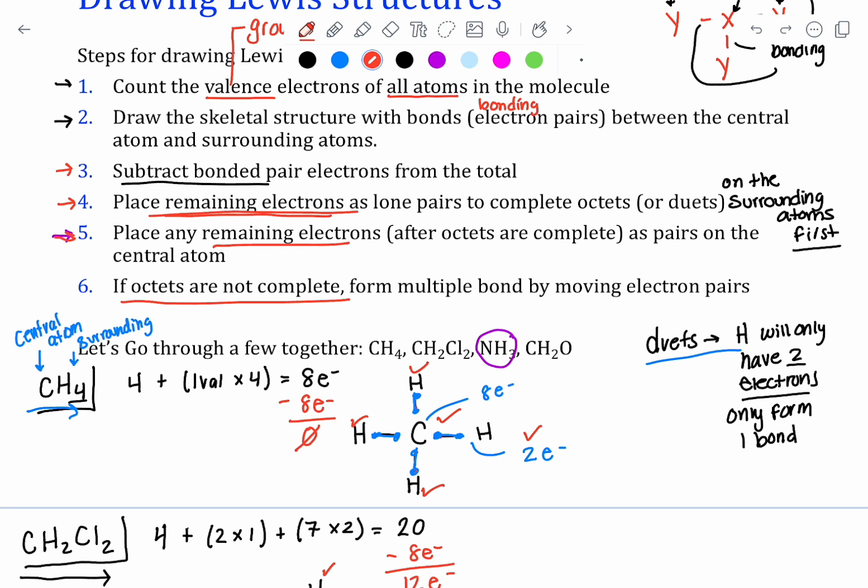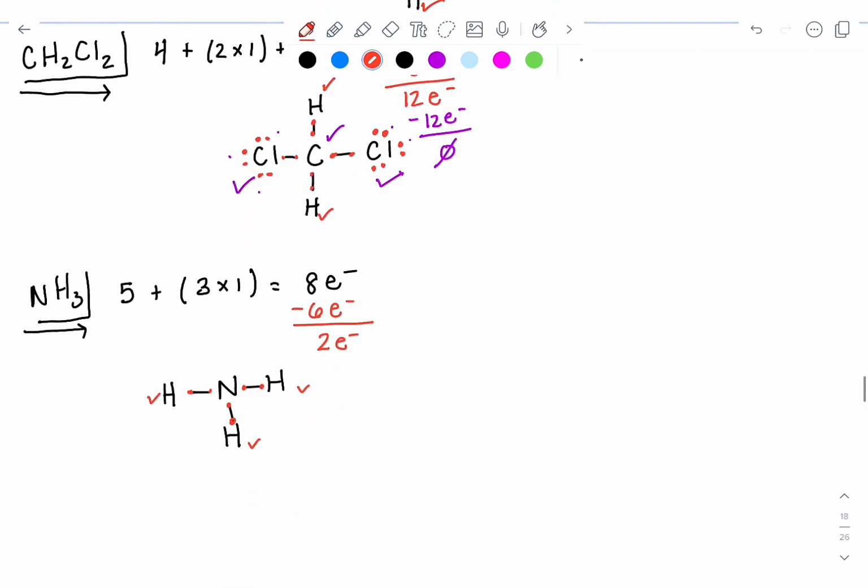So we move on to step 5, which says place any remaining electrons after our octets are complete on surrounding atoms as pairs on the central atom. So our central atom here is nitrogen. If we look at it as it is right now, it only has 6 electrons, right? It has 3 bonds associated with it, and those bonds all have 6 electrons in it, so it doesn't have an octet yet.